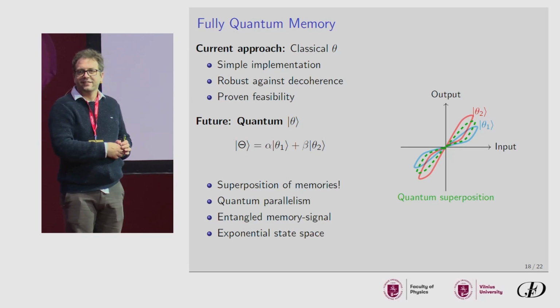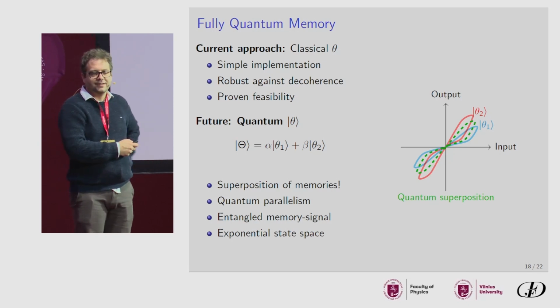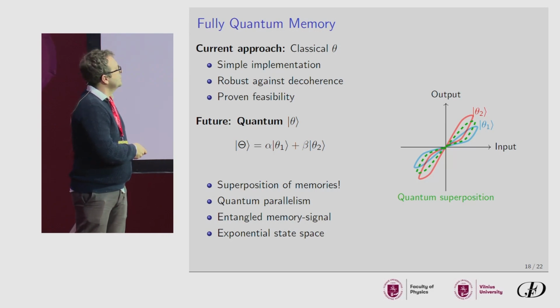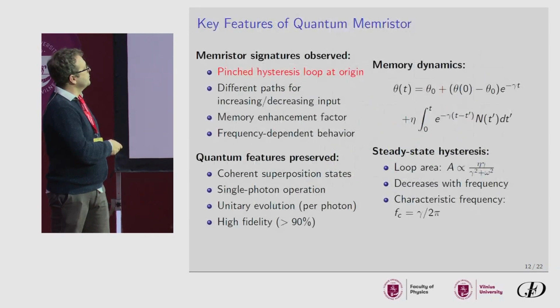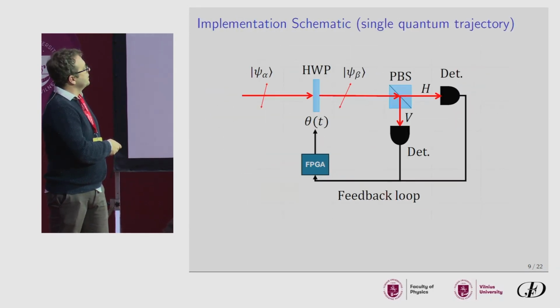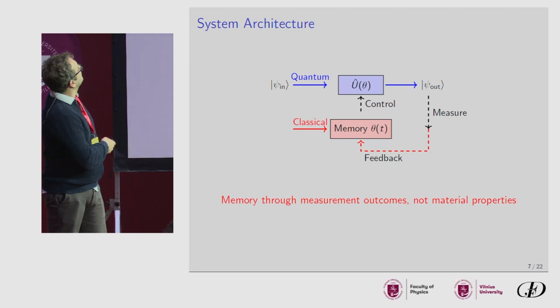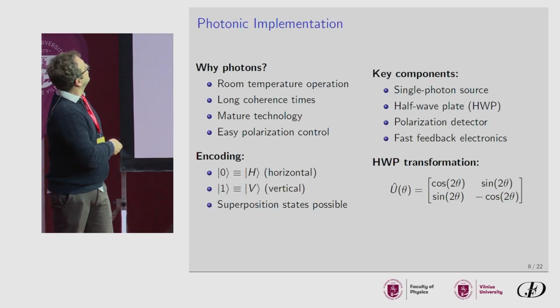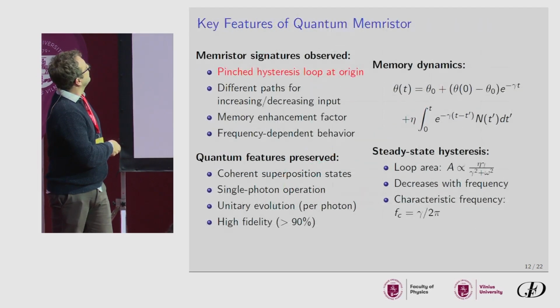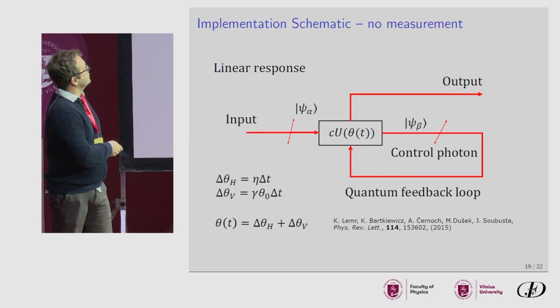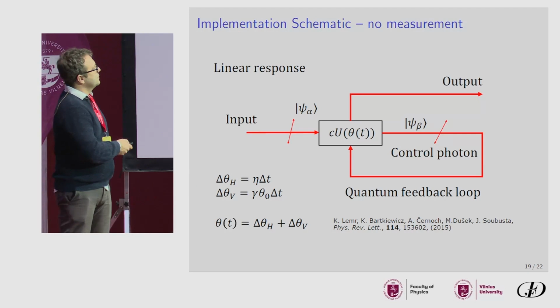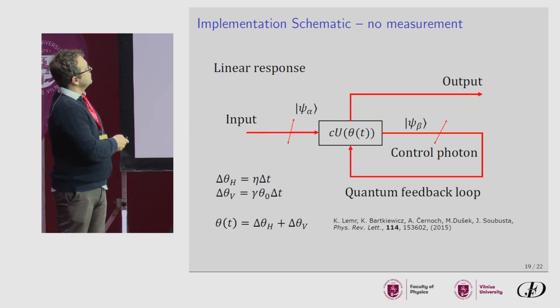Why does a system with one photon not have a memory? I'm explaining this. Sorry, I went back too far. This is it. So this is one photon, and imagine that you have this photon alpha.